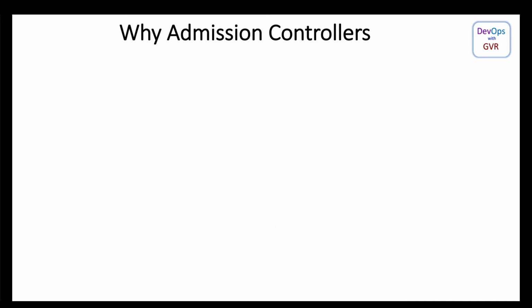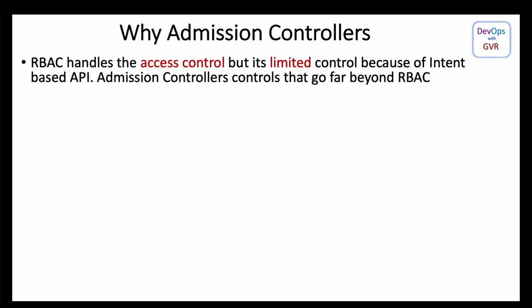So now, why an admission controller? As I said in the previous slide, RBAC, role based access control, handles only access control: who can do what on what resources. It's limited, as I explained, because of the intent based API. Because intention could be anything. In that API I can specify anything. I can specify privileged equal to true, any kind of setting, and just apply.